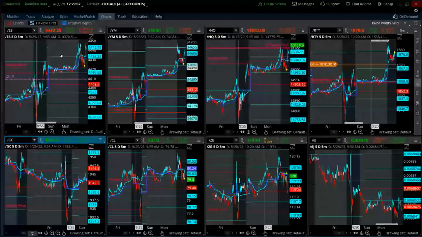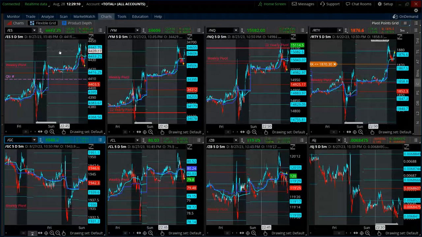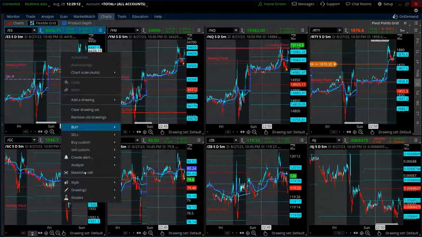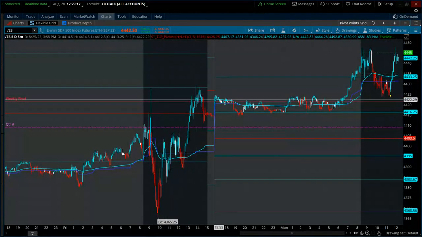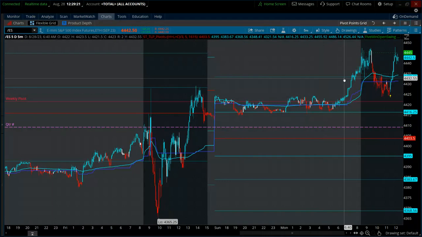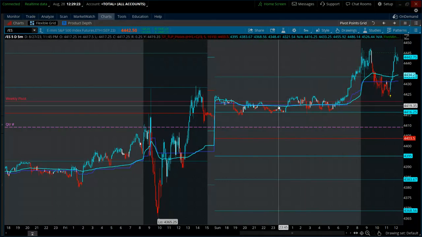Now, another point that was asked of me was any special settings that I have on here. And they're really not. Maybe I'll point to the volume weighted average price, the VWAP. You can see it's not anchored.